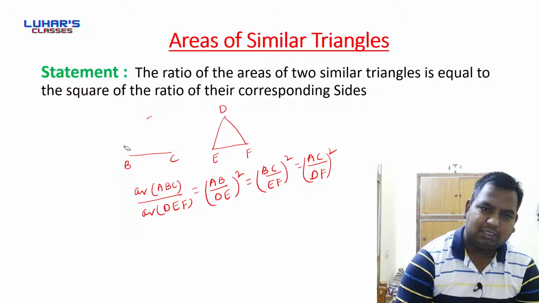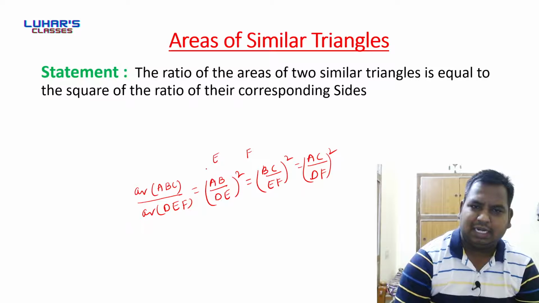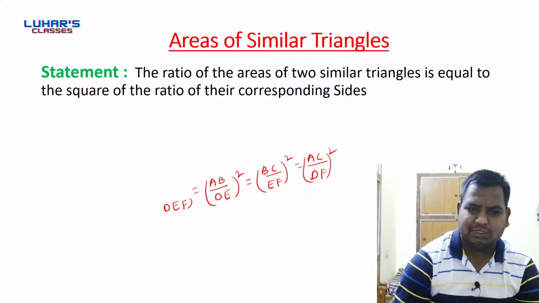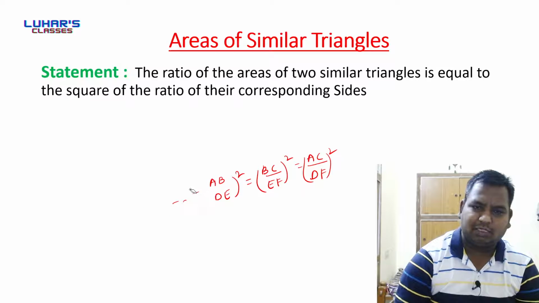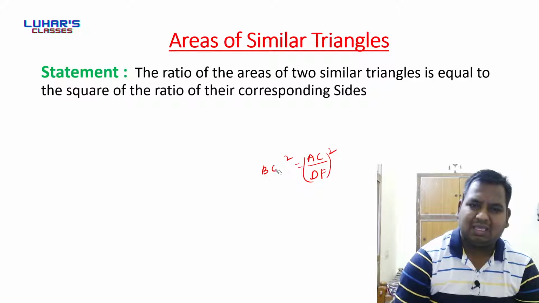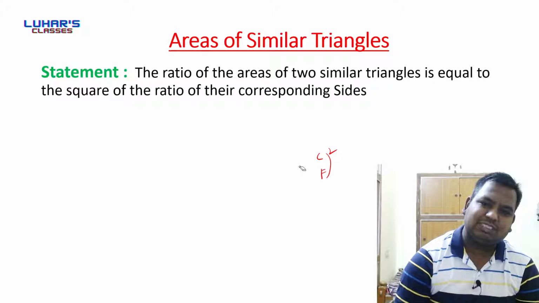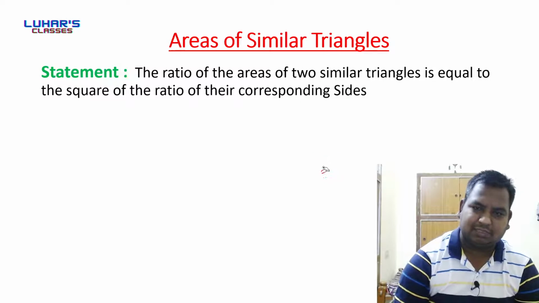In my next video, I shall tell you the importance of this theorem, its use, and how to apply this theorem to solve problems. But children, my request is please don't forget to learn the proof of this theorem, because the proof is very important with respect to the CBSE board exam, and even this theorem statement is used in future mathematics.